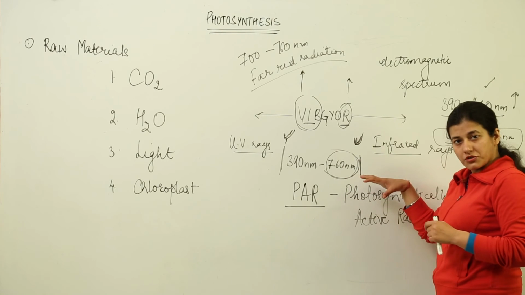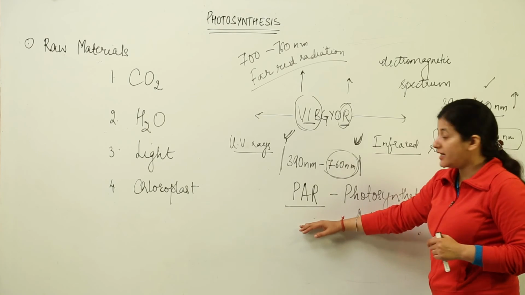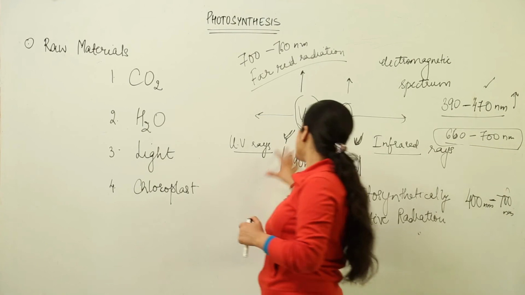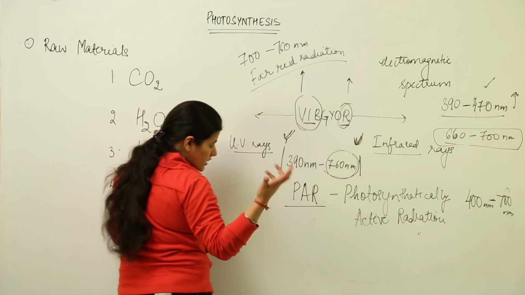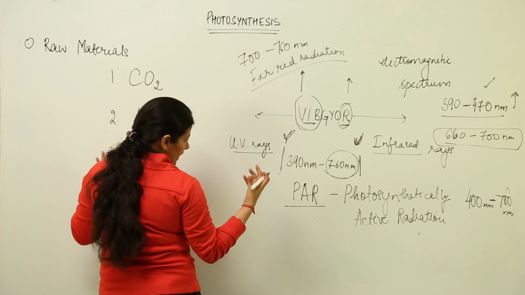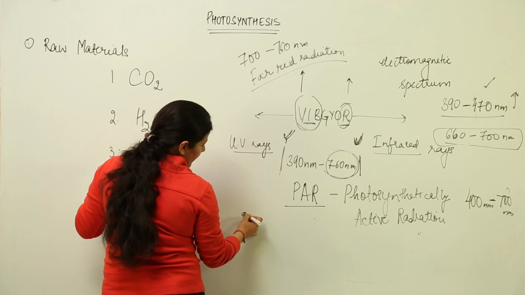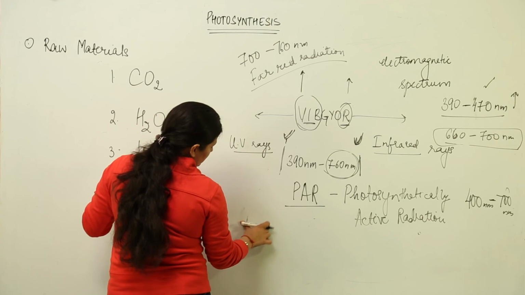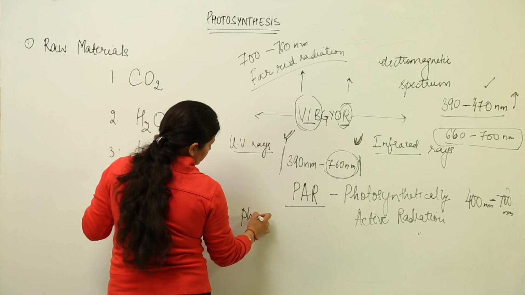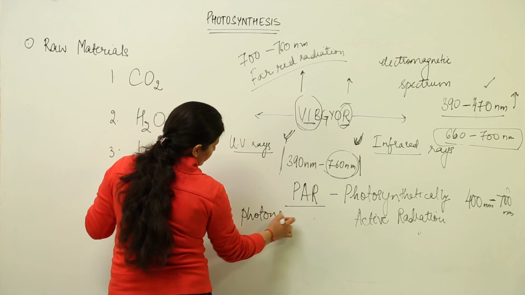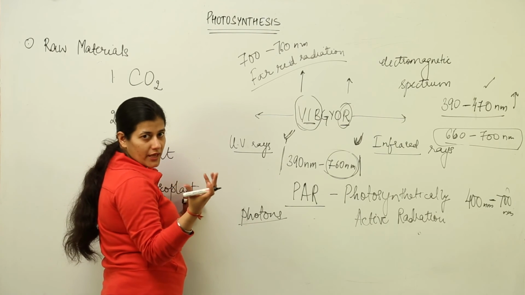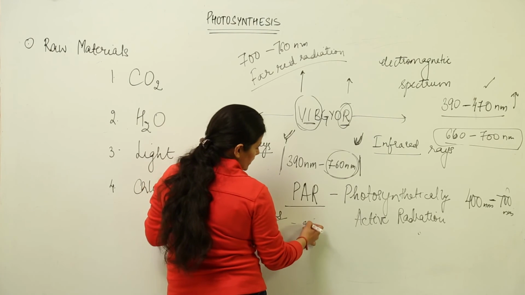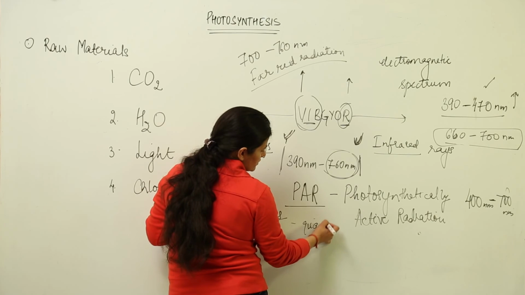The most important role is played by photosynthetically active radiation, and inside the white light there are packets of energy known as photons. That is the quantitative term, and the energy inside it is measured in terms of quantums.